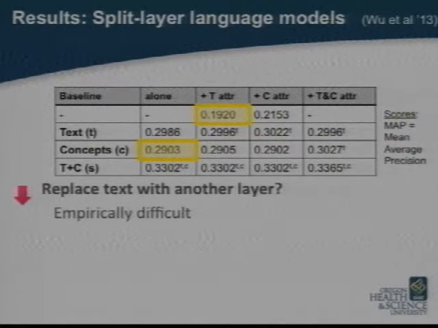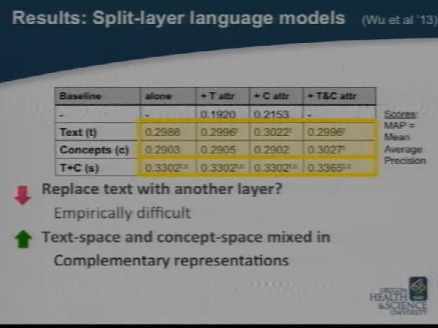But I digress. Another thing that you can see on this chart is if you compare the second and third line with the fourth row, where you're combining both text and concepts in the same model, it is statistically significantly outperforming the single layers every time.